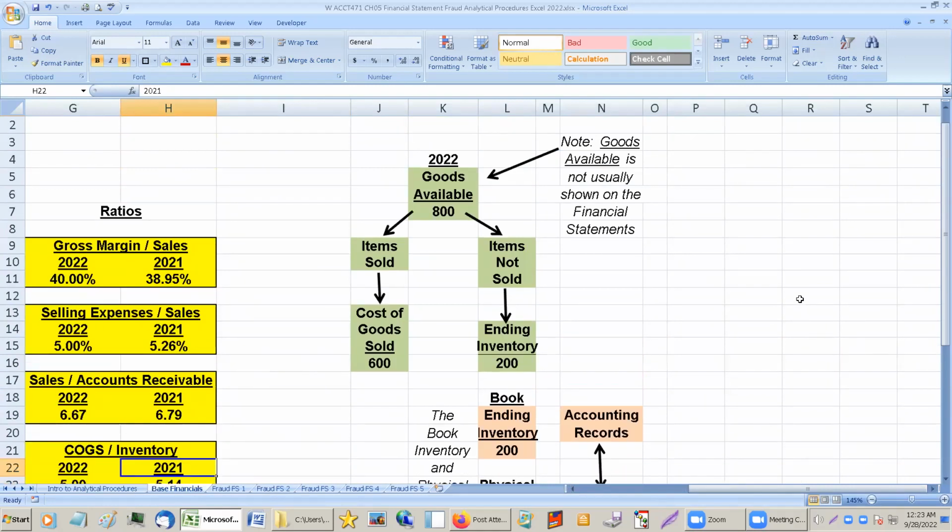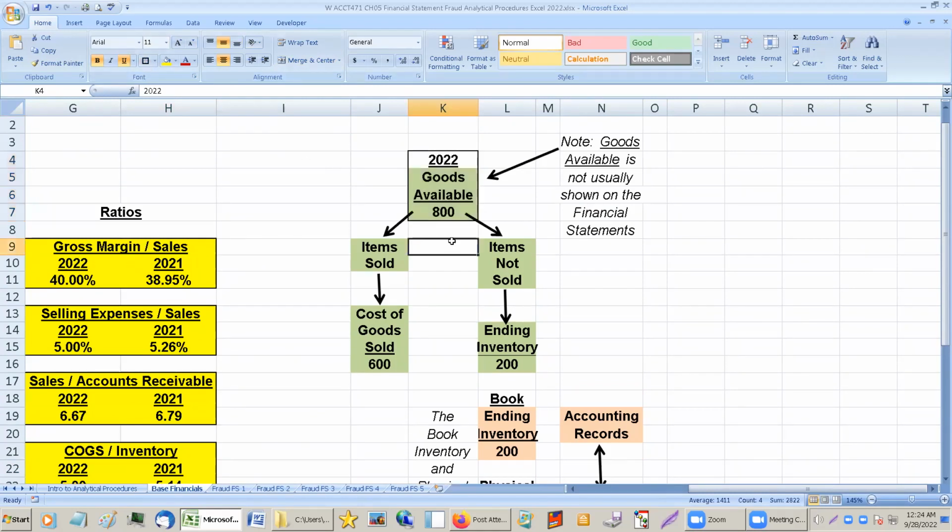Okay, now there is a relationship between the cost of goods sold and the ending inventory. That is the goods available. The goods available is the most goods you could possibly sell. So for instance, they had cost of goods sold of 600 and ending inventory of 200. So the total they could have sold must have been 800, right?